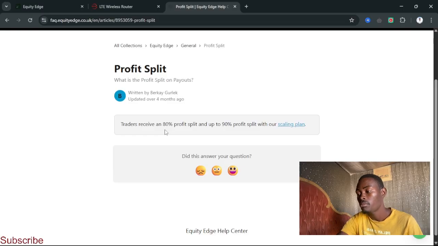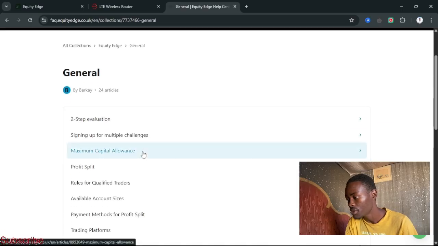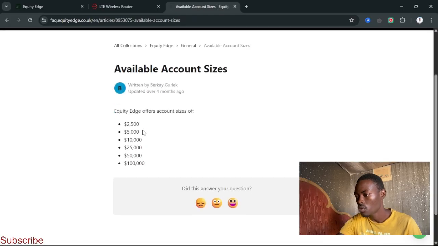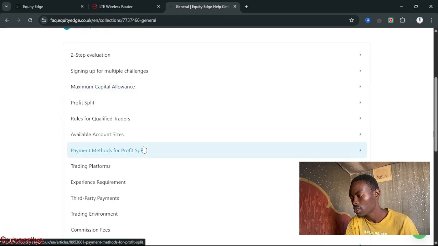But at the beginning, you get an 80% profit split, and the 20% is for Equityedge, and that is for all the accounts, from the small one to the big one. Available account sizes: they have accounts from 2.5k to 100k. Okay, let's see what else you need to know from here.